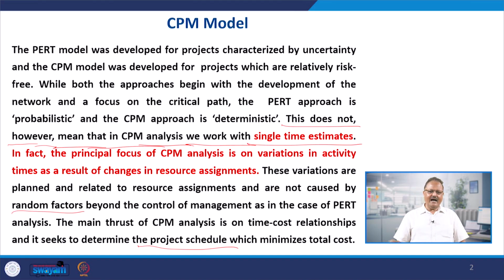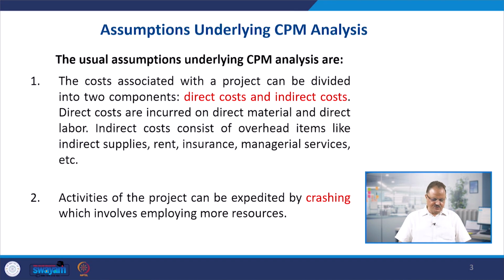Longer the duration, higher the indirect cost, and shorter the duration, lesser the indirect cost. So the direct cost goes up, indirect cost goes down. So when the duration of the project is decreased, in that situation the total cost of the project remains the lowest or minimized. How that is going to happen, we are going to discuss in the subsequent discussion.